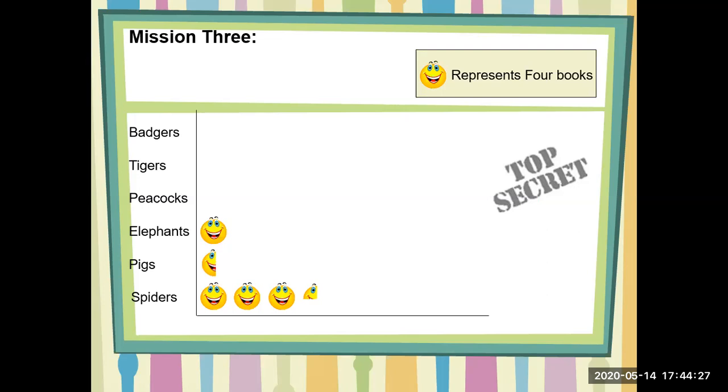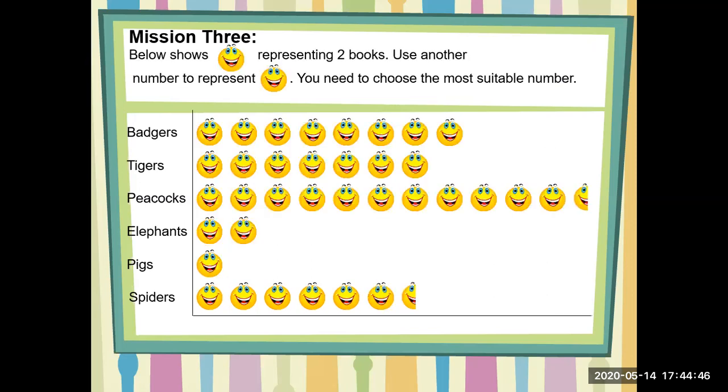Peacocks, you have is 1, 2, 3, 4, 5. So 4 times 5 is 20. Because it's 23, it's 3/4. So your peacock is 1, 2, 3, 4, 5, 6, 7, 8, 9, 10, 11.